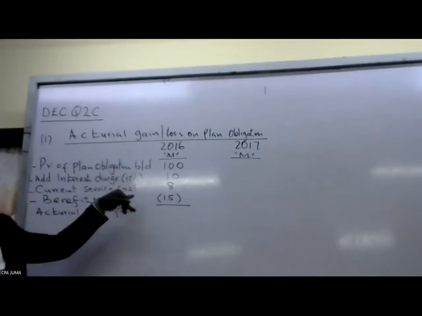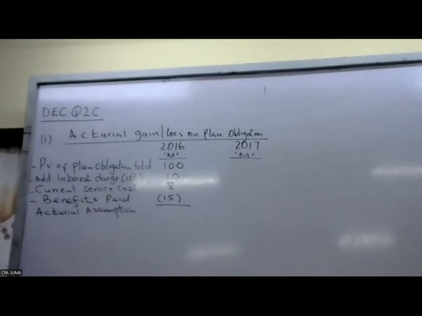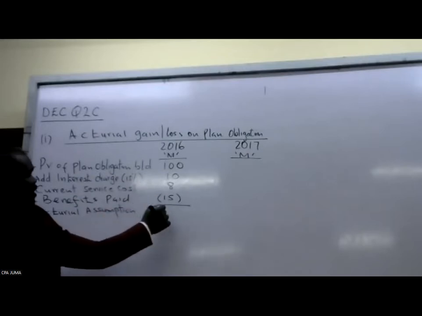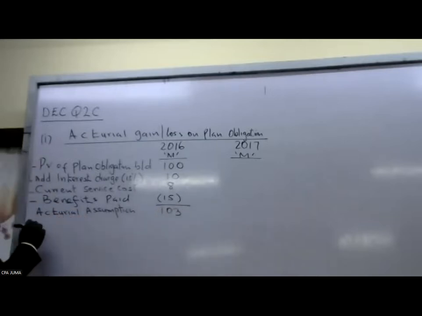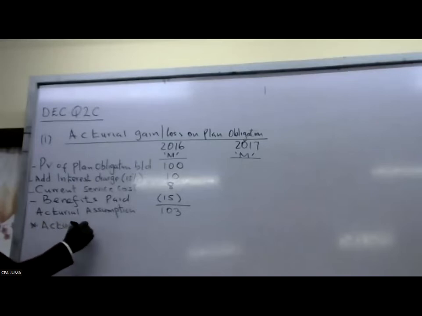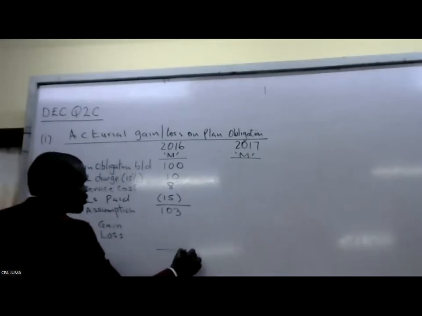Then you will be paid benefits for this much. So all these are projections, just assumptions made by the actuary, which is how much? 103. Then you say there is an actuarial gain or actuarial loss. So we'll record a gain or a loss depending on the actual outcome.